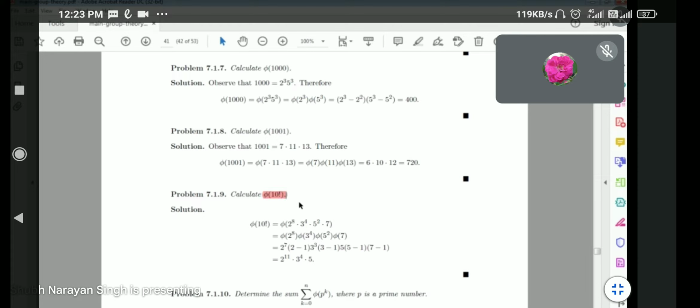See here again I did the prime factorization of 10 factorial, but 10 factorial is a big number. So the last question someone asked was the number of zeros at the end of 1000 factorial. I think we will not get that by using this one.